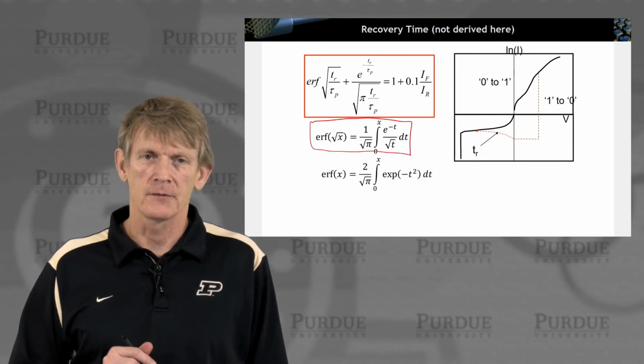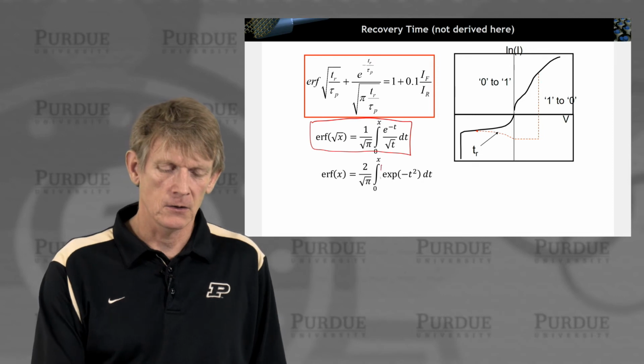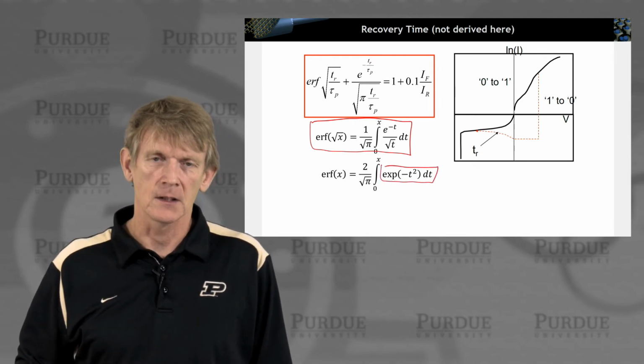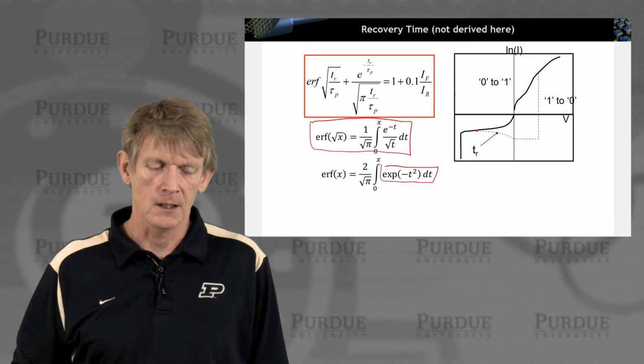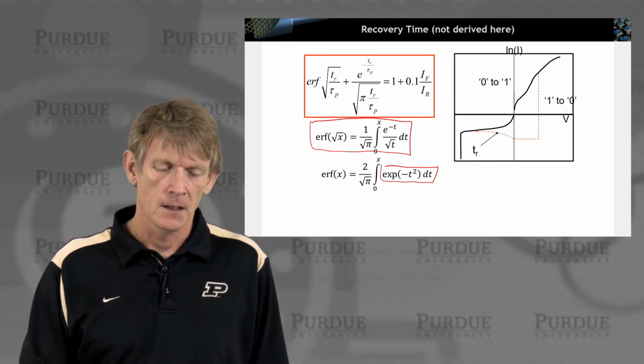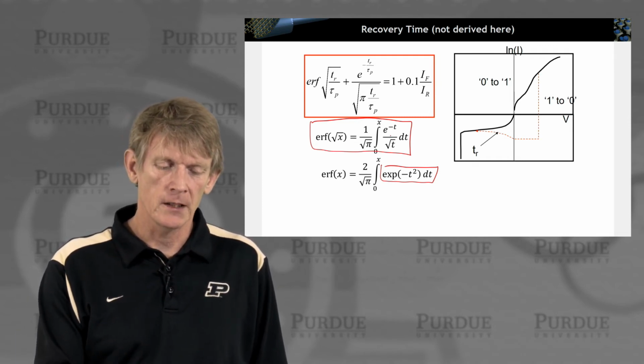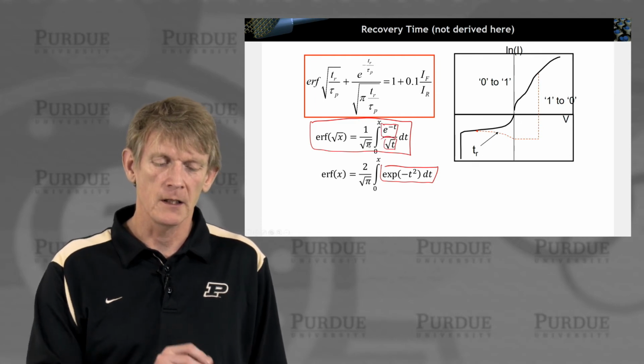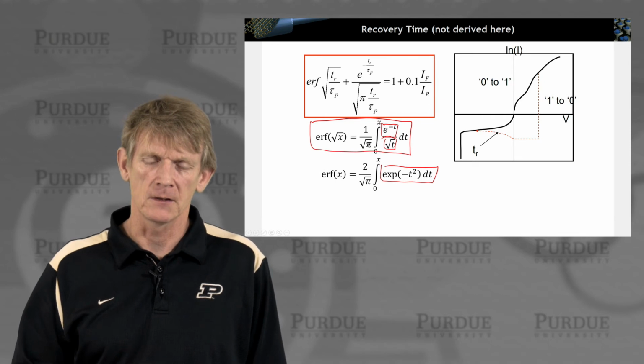And the original error function has the minus t squared in it as an exponential. So it's a Gaussian integral in a sense. But the point is, you might recognize this exponential in time and the square root behavior that might show up in the recovery time.